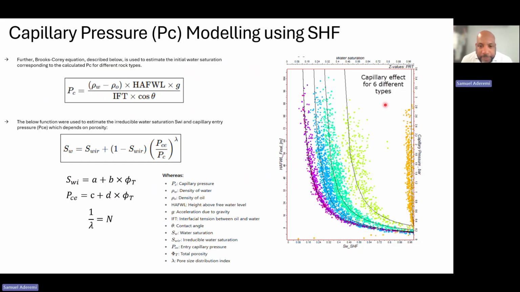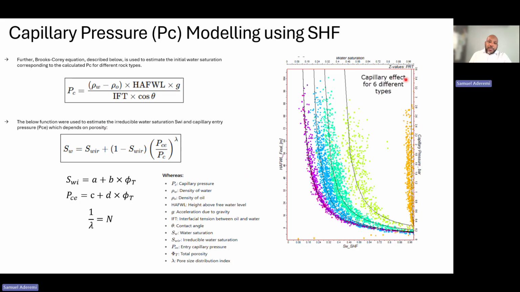This slide shows how we model the capillary pressure and the initial water saturation using the saturation height function that I previously discussed in the last recording.